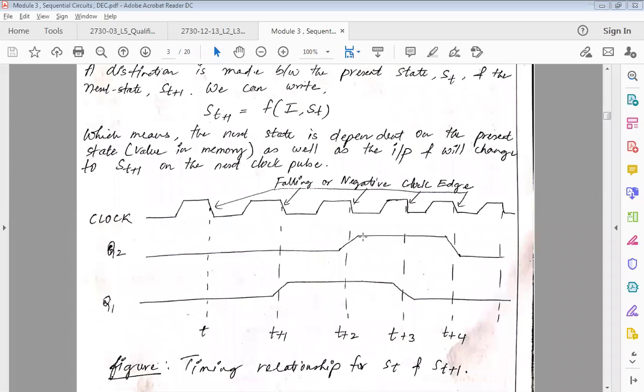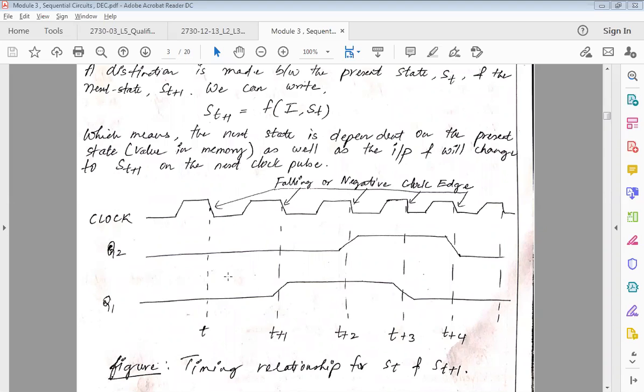We call it falling because it changes its value from a higher potential to a lower potential. If the opposite happens, it's a rising edge or positive clock edge. These are the things you should understand: rising edge, falling edge, negative edge, positive edge.